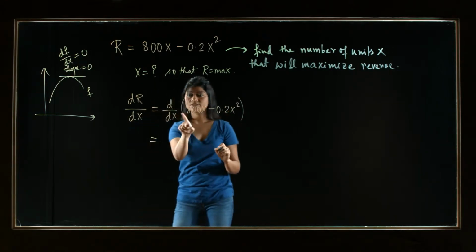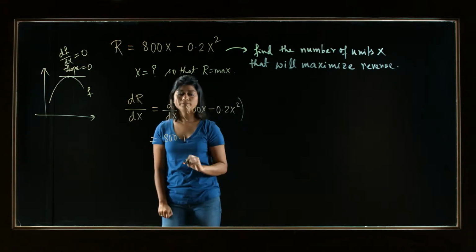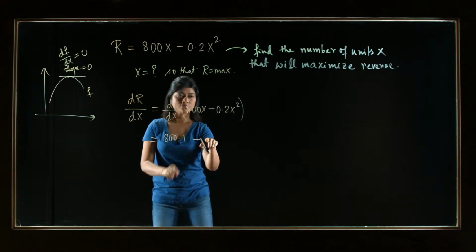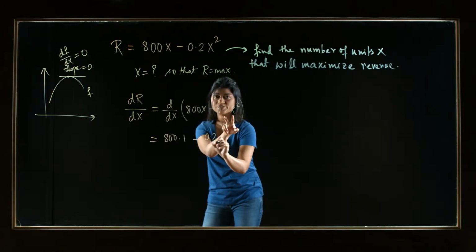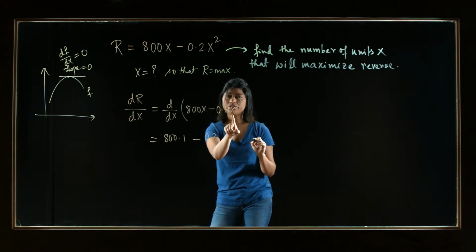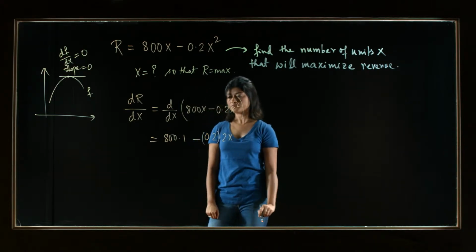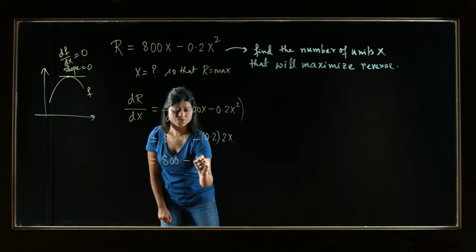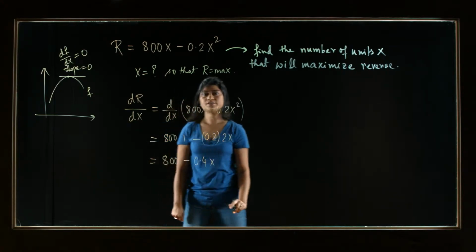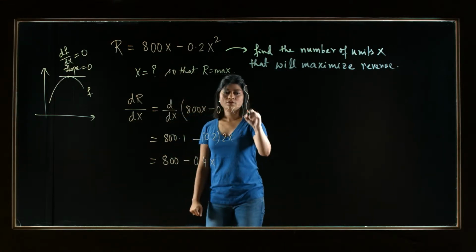The derivative of 800x is 800 times 1, minus, for the second part, you write down the constant, and then d/dx of x squared is just 2x. So simplify this a little bit. This is 800 minus 0.4x. That is the derivative of the revenue function.